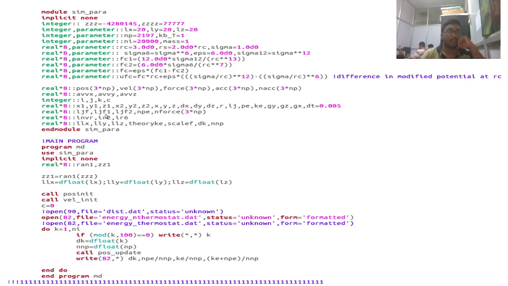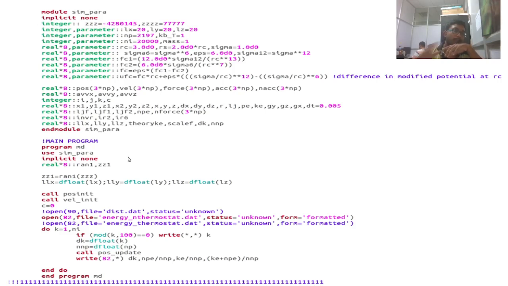And then there is the definition of the different parameters used in this program. Initially we have defined a module in which we have defined all the parameters with their values as well as their types.